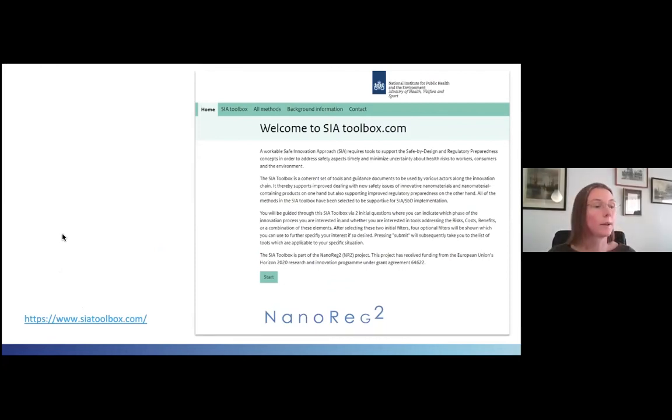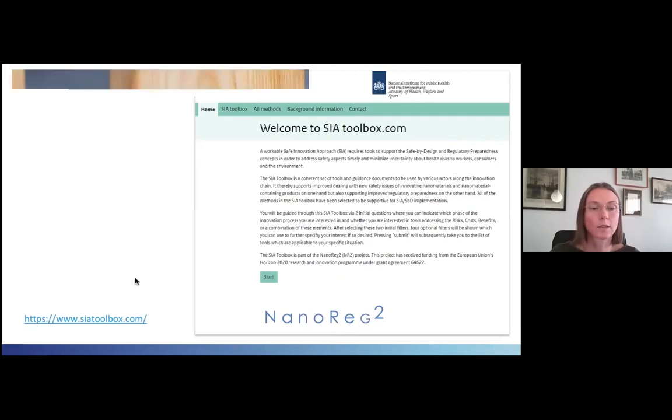This was put together under the NanoReg 2, also an EU funded project, in collaboration with RIVM, which is the Dutch National Institute for Public Health and the Environment. And here you can browse safe by design tools and case studies, and also the future outcomes of the various ongoing projects on nanomaterials will feature here in due course.